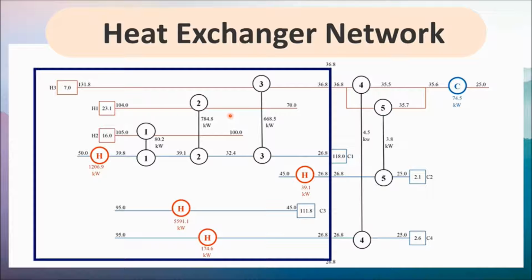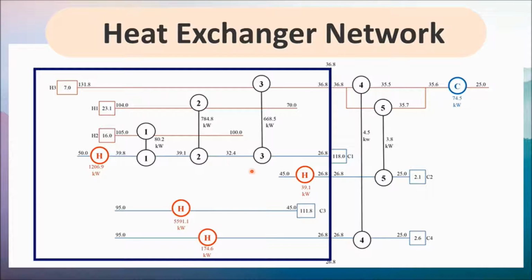It transfers heat to C1 and the temperature goes down to 70 degrees Celsius. H2 starts at 105 degrees Celsius and transfers heat to C1, and the temperature goes down to 100 degrees Celsius.